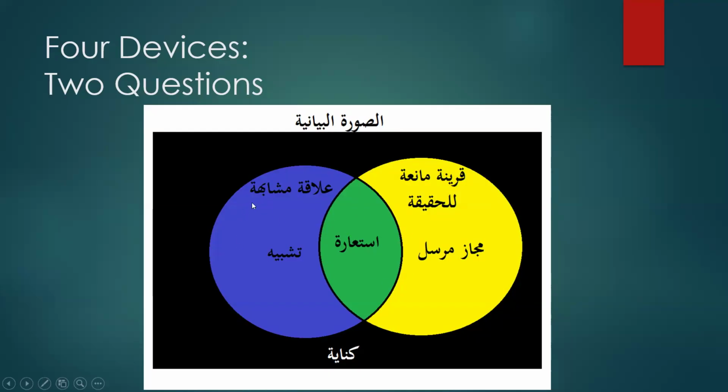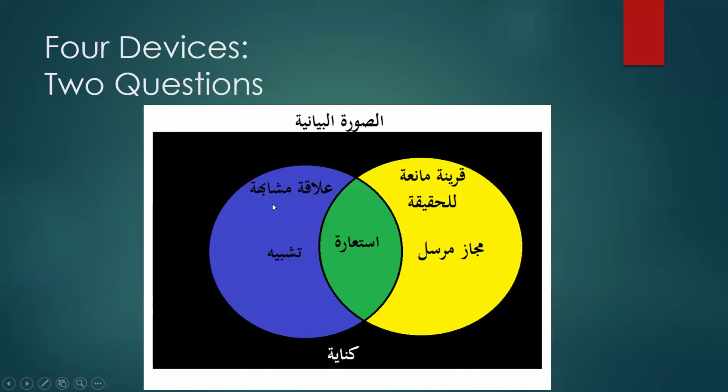Otherwise, if the relationship is mushabaha, but every word is being used in its literal sense, then it's tashbih. If there's something that prevents the words from being understood in a literal sense, but the relationship is not mushabaha, then it's majaz mursal. And in the case that it's none of the above, then it's a kinaya.